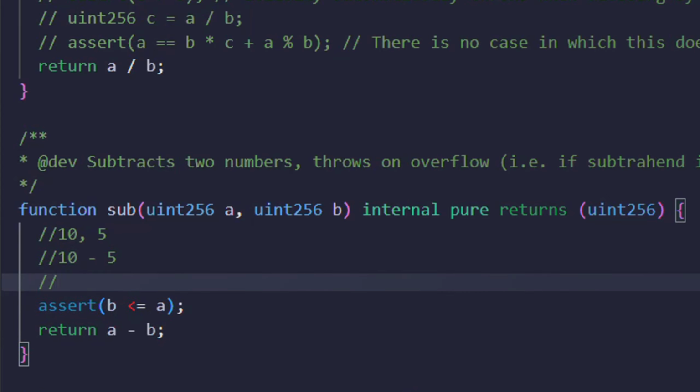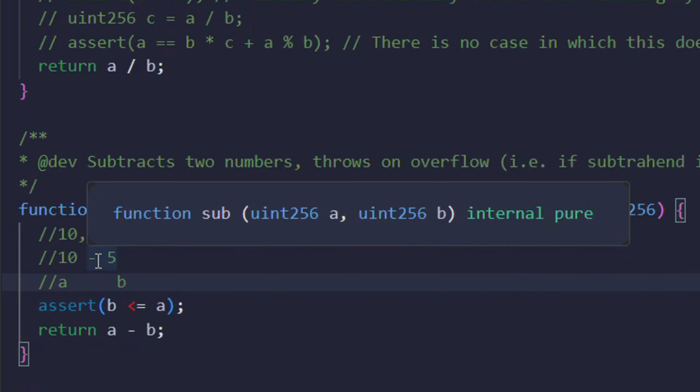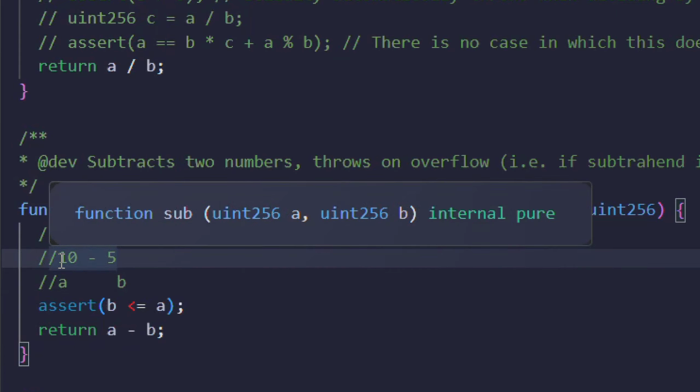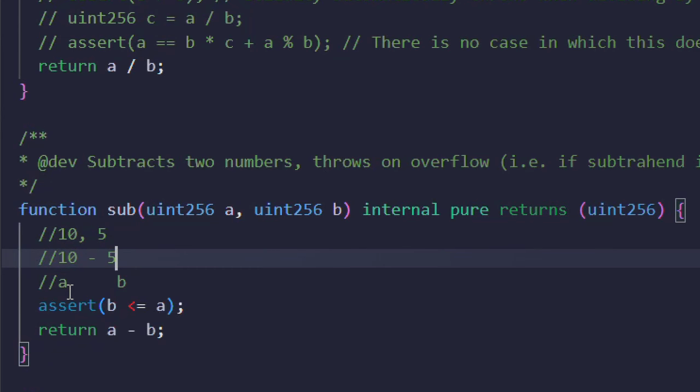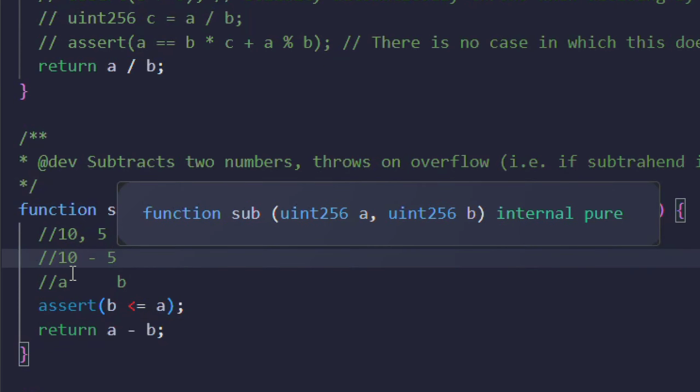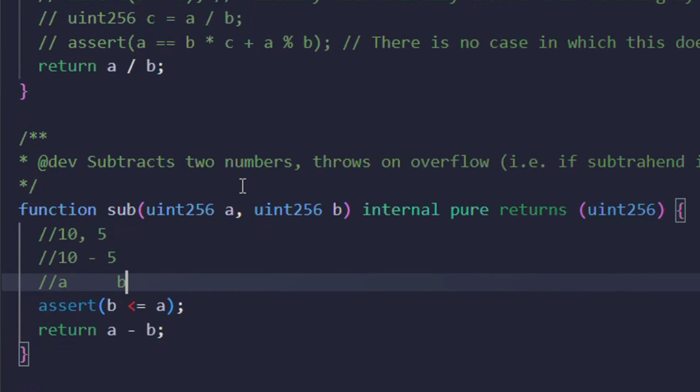So 10 is going to be our a, 5 is going to be our b. You can see in this assert, b, which is 5, must be less than 10. If not, the subtraction is going to give us a negative number, and that is not what we want. So if 5 is greater than 10, you throw an error. But if 5, which is b, is less than or equal to a, it will work perfectly. It simply says that a must always be bigger than b.